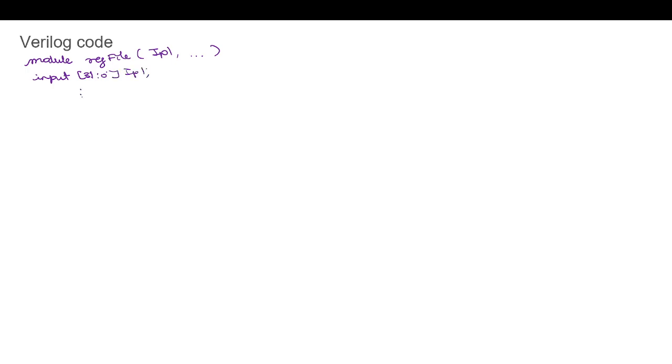The same way you can define all the inputs and outputs. And then, since we want to have some signed and unsigned numbers, you can use an integer i. Integer i.